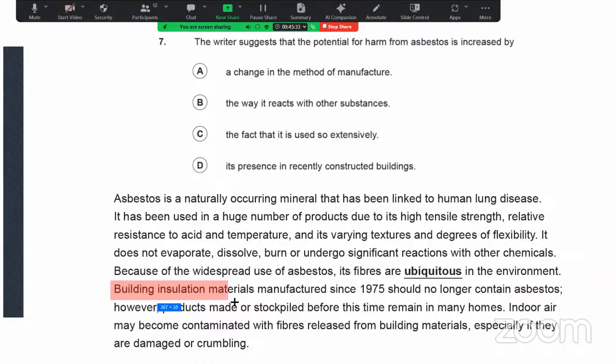So here many people falter, make mistakes. Building insulation materials since 1975. So it is before 1975 and after 1975. Here there are two divisions. Before 1975, that was different. But since 1975, buildings should no longer contain asbestos.